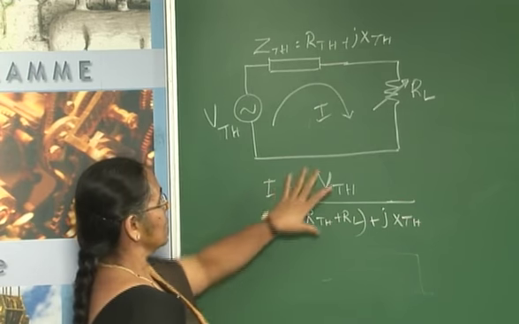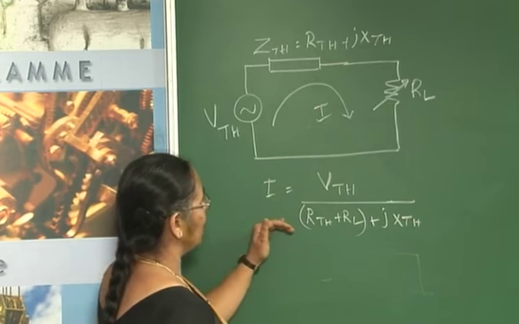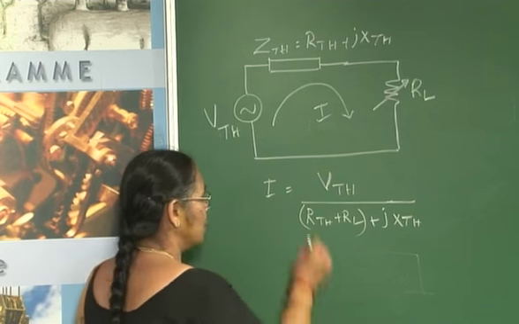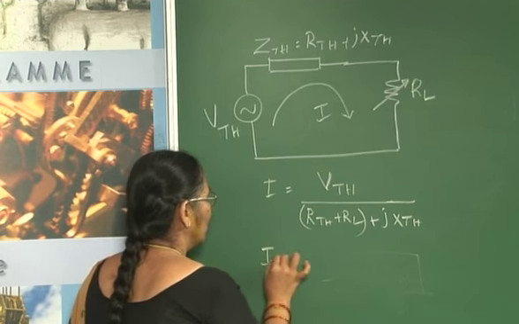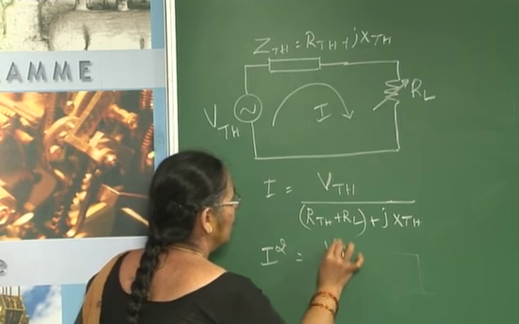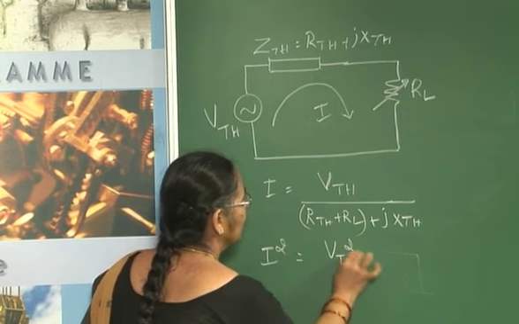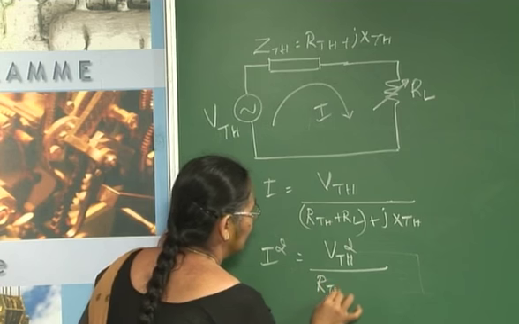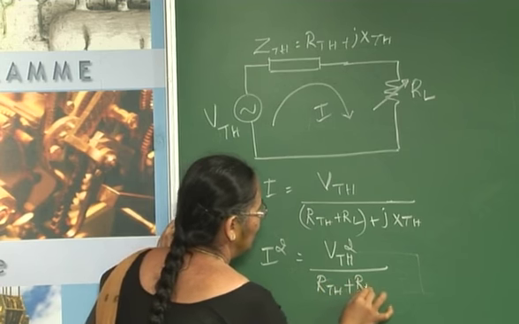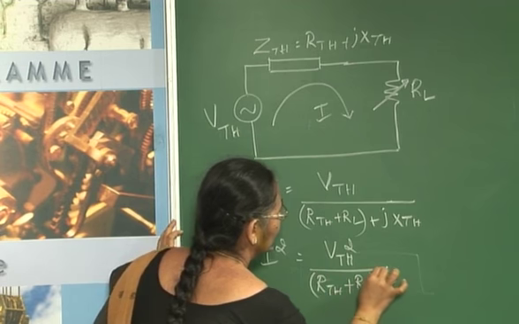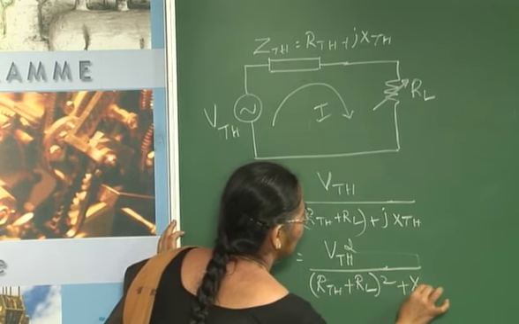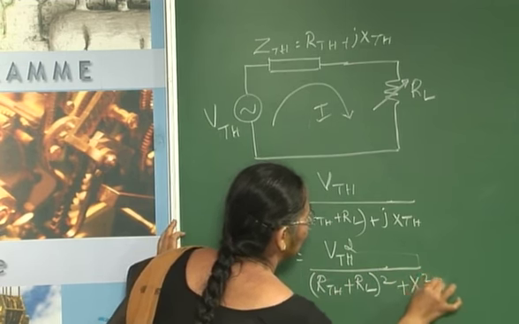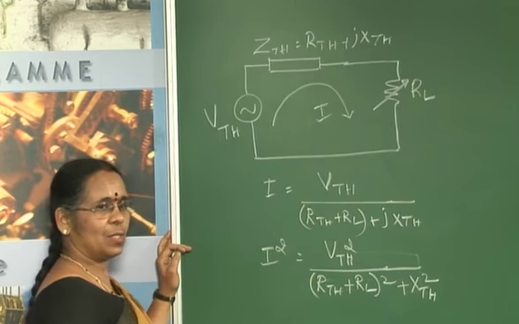So this is the expression for current I. Once you find the current I, I square is equal to V Thevenin square by (R Thevenin plus RL) the whole square plus X Thevenin square.